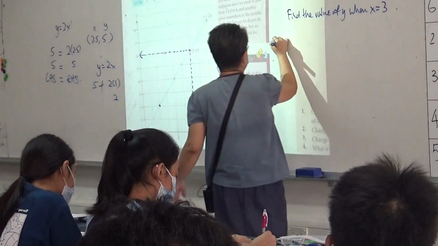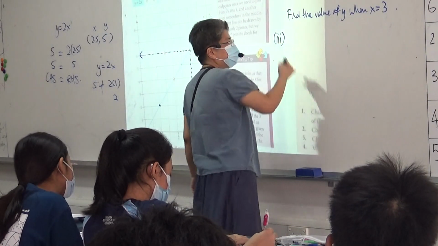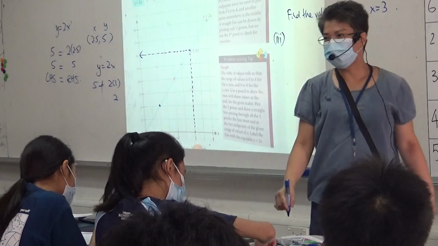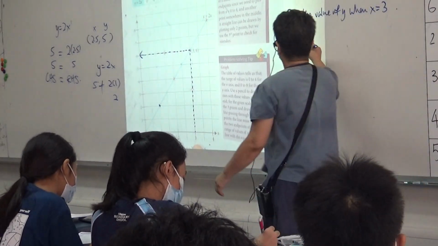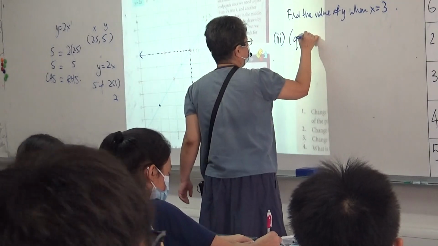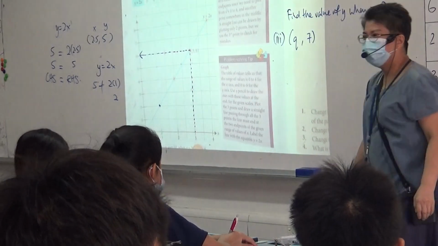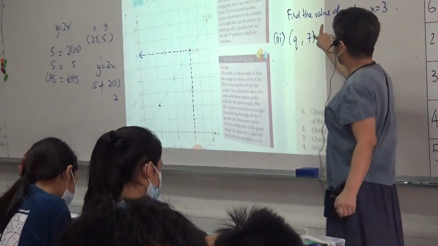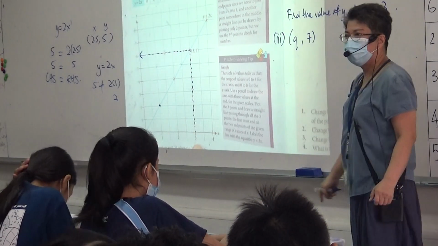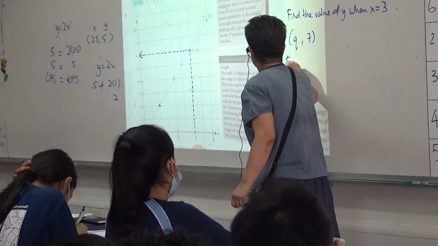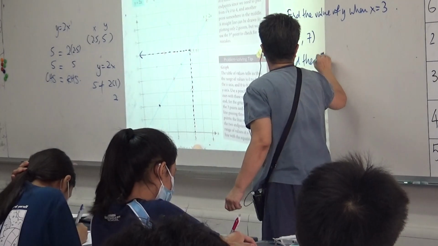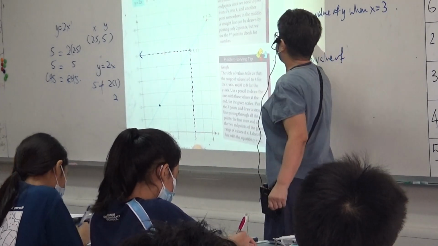Now, I want you to add a part 3 to the example. Okay? What is the meaning of this if I want to translate to this form? Find the value of... This is which value?